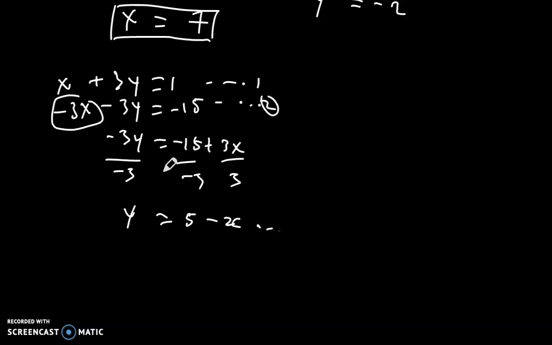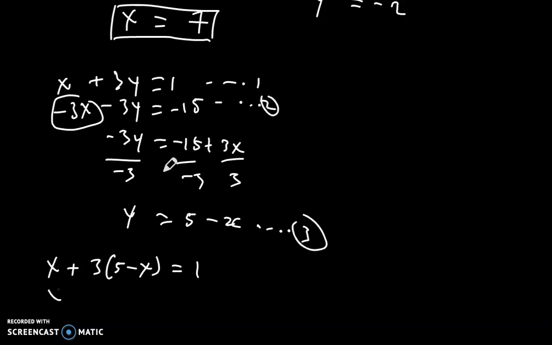Now call this equation 3 and substitute equation 3 into equation 1, the original equation. So we are going to have x plus 3 times y, where y becomes 5 minus x, equals 1.